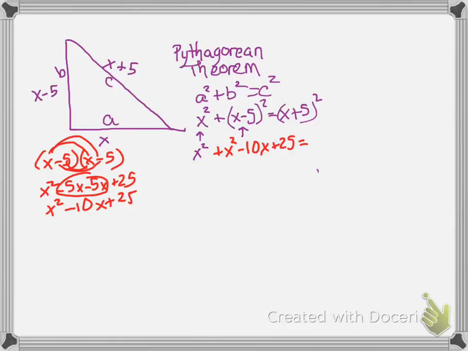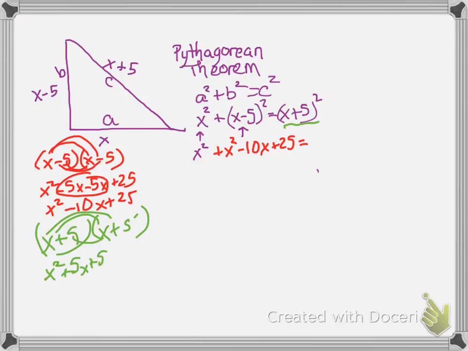I can do the same thing with this one. Let me go back over here. So I have x plus 5 times x plus 5. So I have x squared plus 5x plus another 5x plus 25.